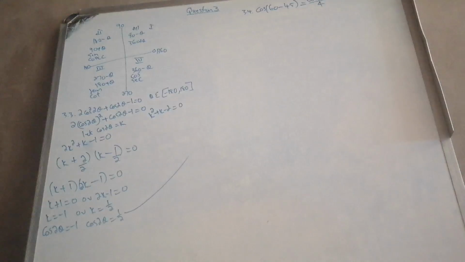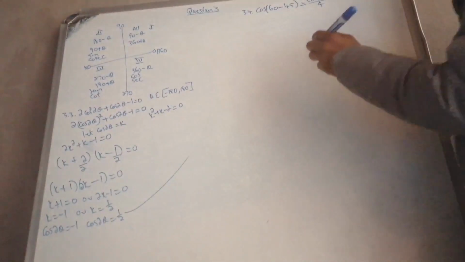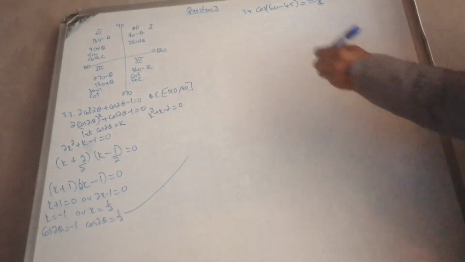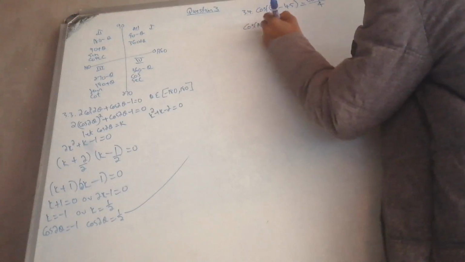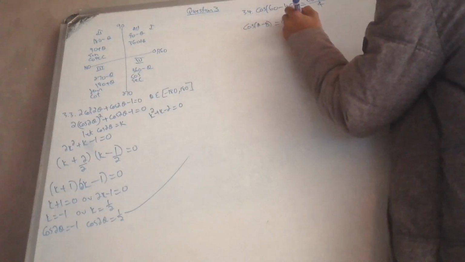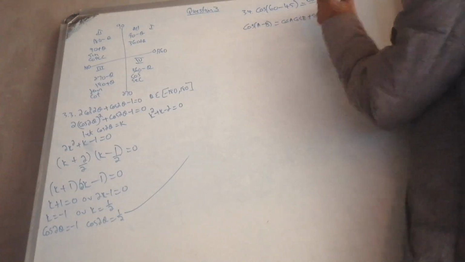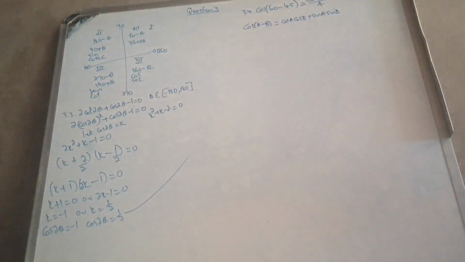Now, how do I do this? Now, I know how to work with this. I can try and work with this using the double angle formula, whatever that is. I know that the cos of A minus B is cos A, cos B plus sine A, sine B. I know this, and I'm going to apply that exactly on that.